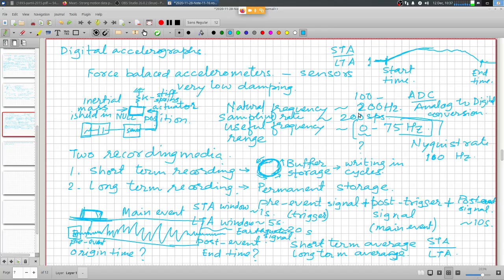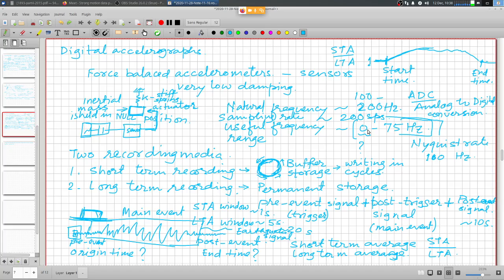The factor of 2 is of course only a theoretical limit. The practical limit is about 1/3 less than that, so that will be about 70 to 75 hertz. That's a safe limit for 200 samples per second sampling.